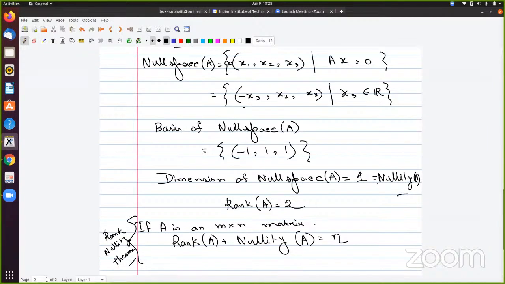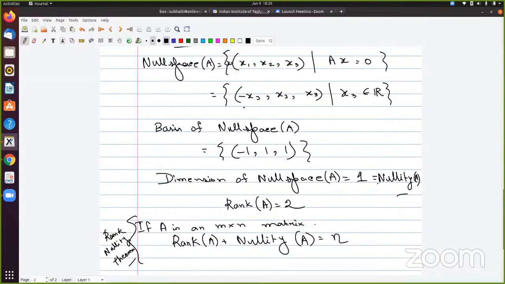Okay? Clear? Sir, we have used the same method for finding the basis and dimension of a vector space. So is it related to that also? Yes, this is a part of that.